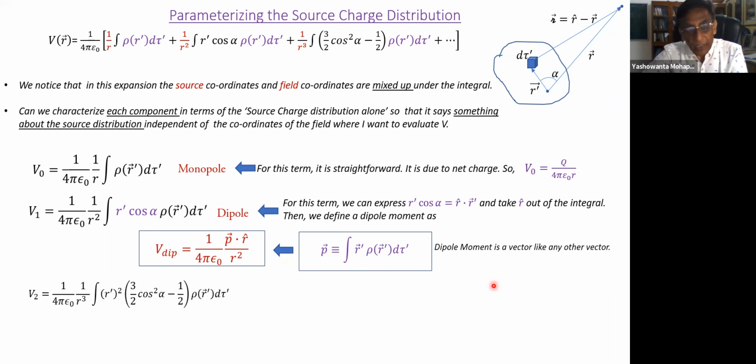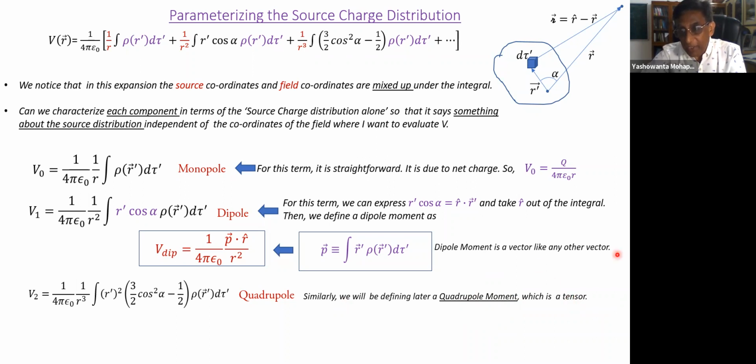So this is the quadrupole term. I will do the same thing, but I will postpone that for the moment. We'll be defining a quadrupole moment, just like the monopole moment and the dipole moment. The quadrupole moment is actually a tensor of rank 2, whereas the dipole moment is a vector.